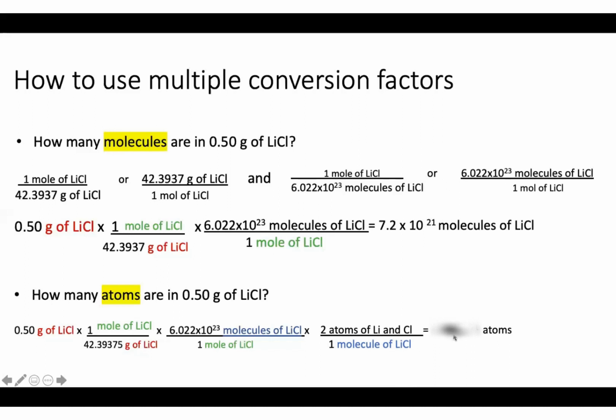Your final answer has 2 sig figs, the same as the given number. In the previous equation the answer is 7.2 times 10 to the power of 21 molecules of LiCl, but because you have 2 atoms in each molecule of LiCl, your answer doubles compared to the previous equation.